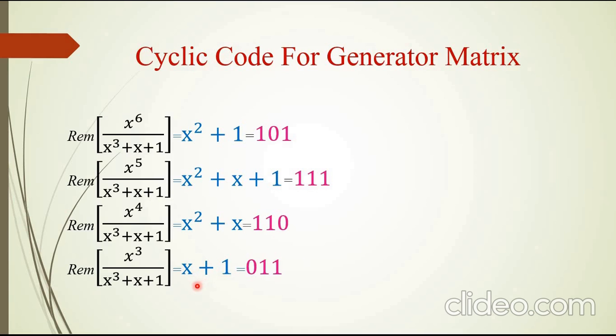Now the last case, here remainder is x plus 1. So x square term is missing here. So it will be 0, 1, 1 because x and 1 are present.